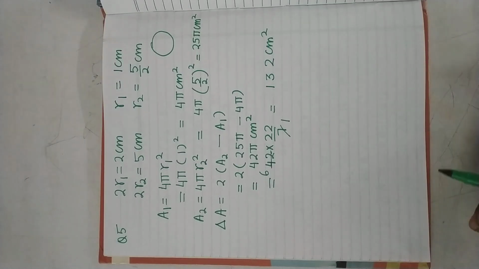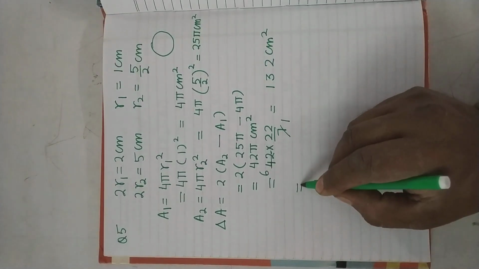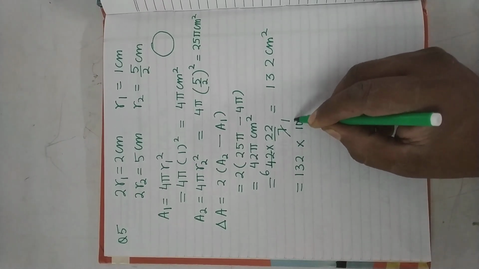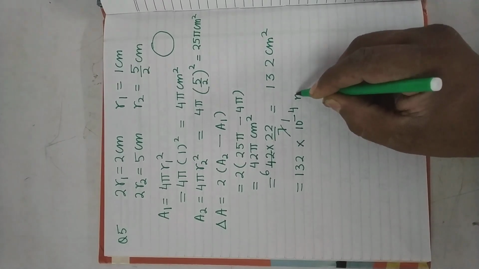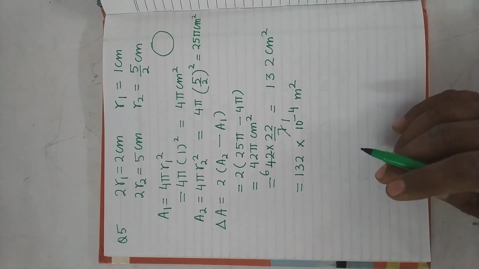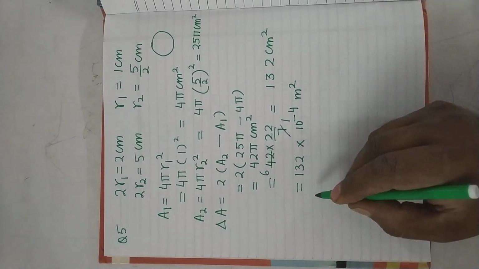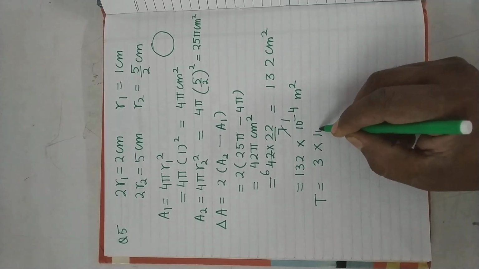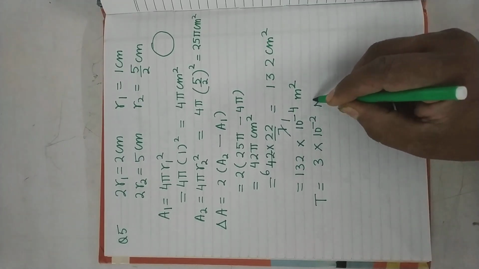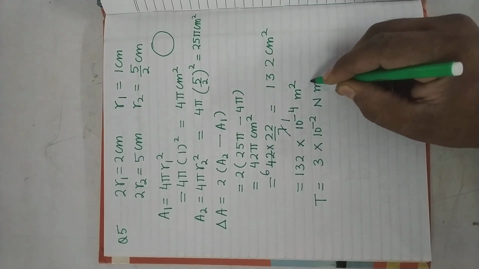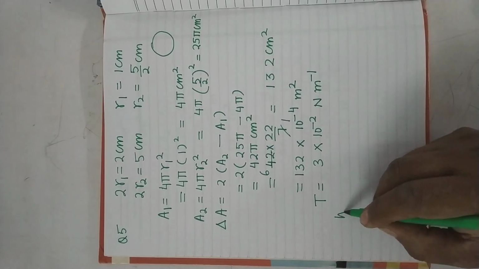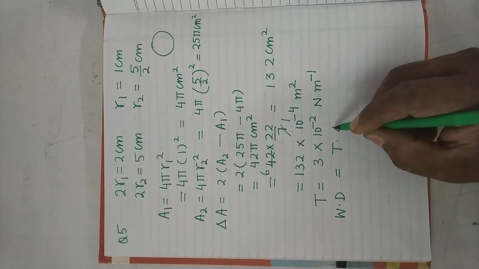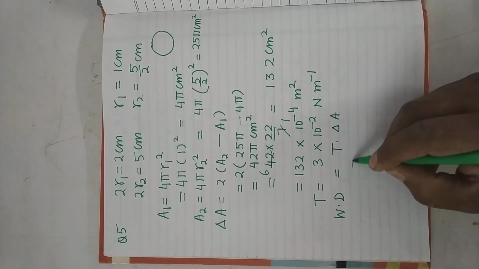How will you change it into meter square? Already I have told you, centimeter square can be changed to meter square by multiplying by 10 to the power minus 4. What is the surface tension of soap solution? It is 3 into 10 to the power minus 2 Newton per meter. So what will be the work done? It will be T into delta A. It is clear?